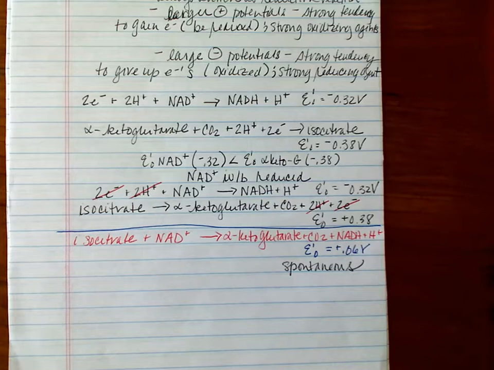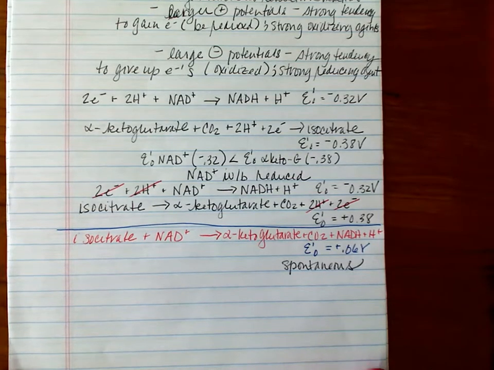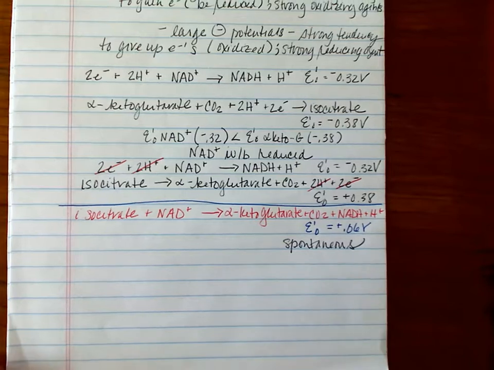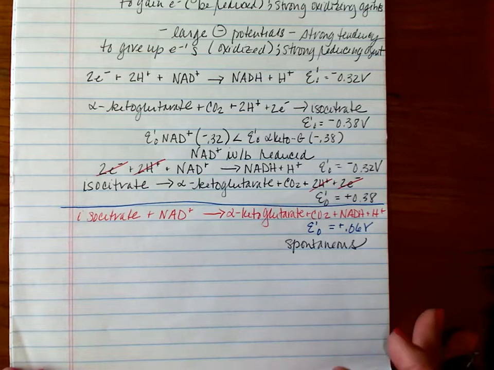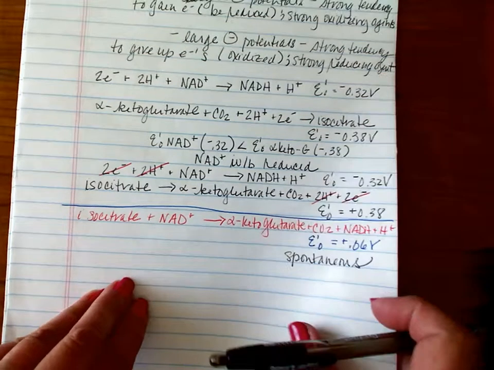We can also calculate delta G, or the free energy of a reaction, and we'll do some examples there. But I think I'll switch to a clean sheet.